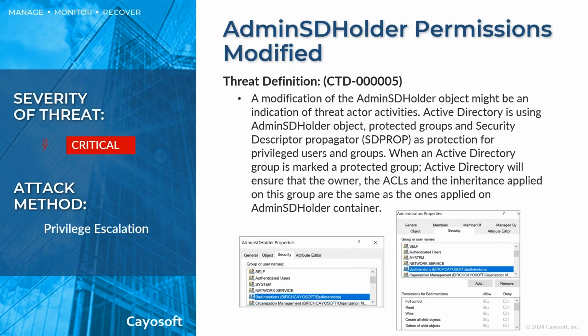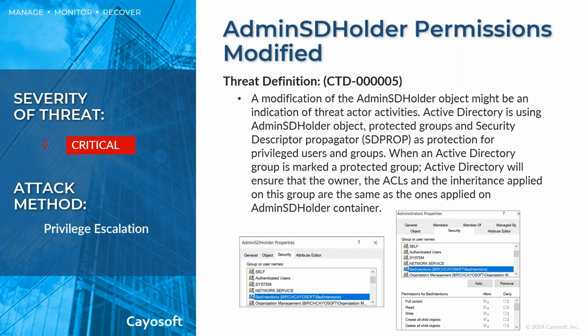Now, let's talk about admin SD holder. Why am I going to talk about this object? It is the most critical object in Active Directory when it comes to securing administrative access. Admin SD holder is an object inside of Active Directory that is actually used as a permission rule template by a backend process called SD-prop.